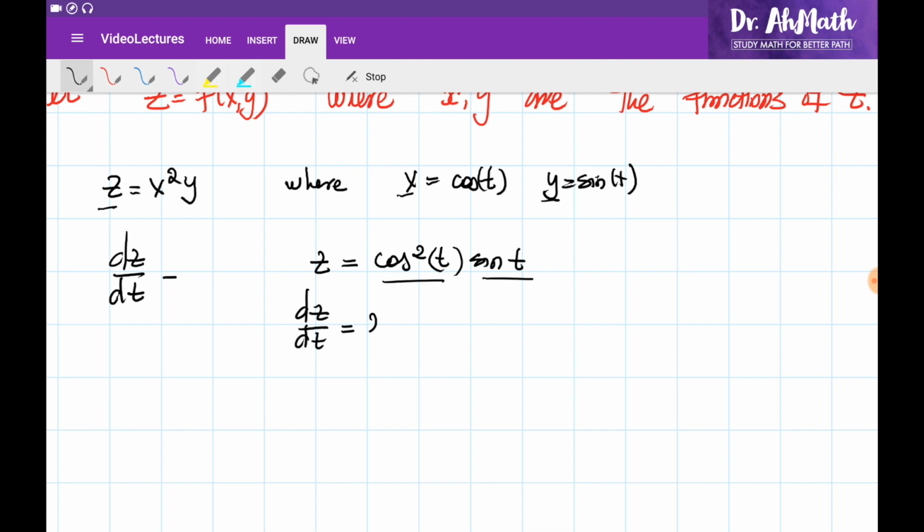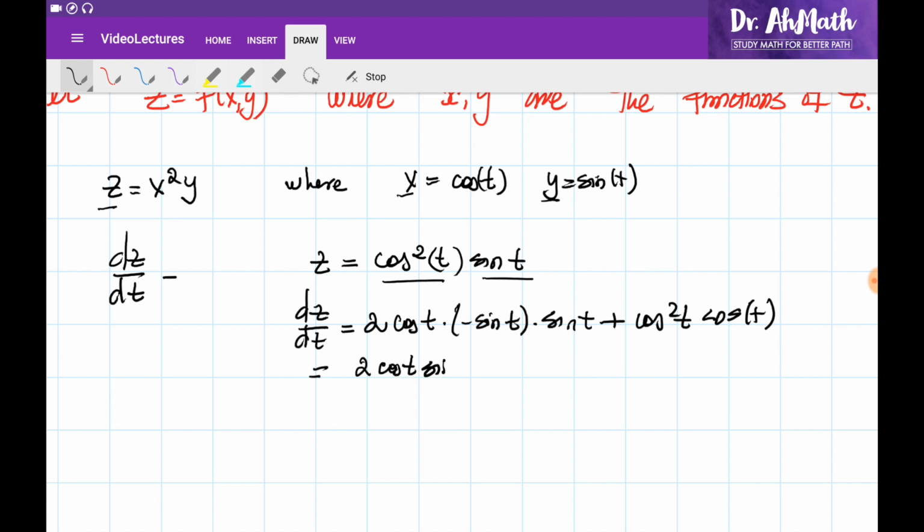It's going to be 2 cosine of t multiplied by the derivative of the cosine of t, which is minus sine of t, multiplied by the second function, which is sine of t, plus the cosine square of t multiplied by the derivative of sine, which is cosine of t. So let me rewrite this slightly differently: 2 cosine of t sine of t multiplied by minus sine of t, plus cosine square of t multiplied by cosine of t.